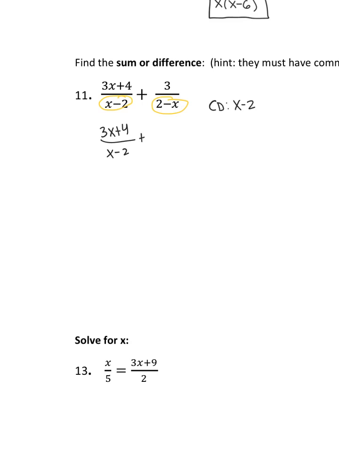So in order to get the bottom to change sign, I'm going to multiply it by negative 1, and I'm going to do the same thing on the top. So this is what we've got. So if you do 2 minus x times negative 1, you end up getting negative 2 plus x, which is the same thing as x minus 2. So now you've got the same denominator.